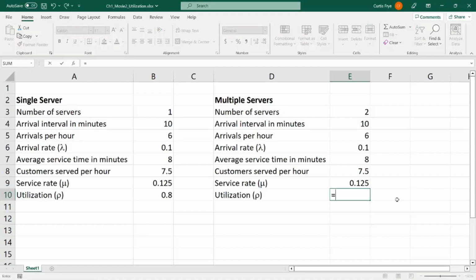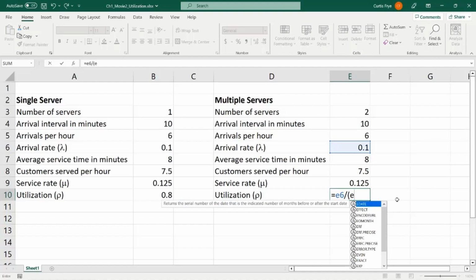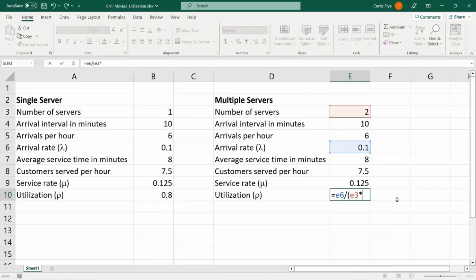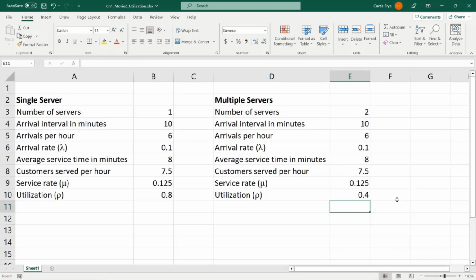So in cell E10, I'll type equal, and it'll be our lambda in E6 divided by the quantity of the number of servers in E3 multiplied by the service rate mu, which is in E9, right parenthesis, and enter, and we get 0.4. And our intuition was correct. Utilization for 2 servers is exactly 1/2 that of the utilization for 1.